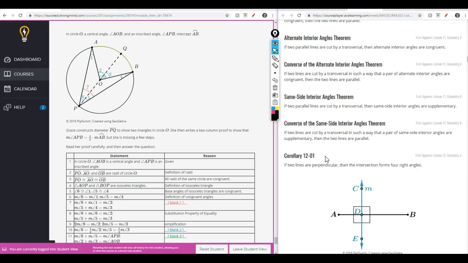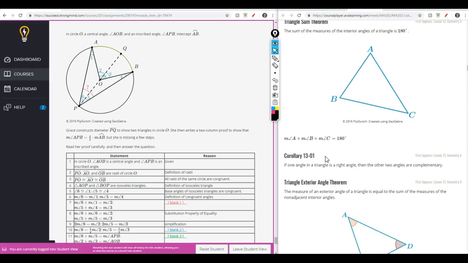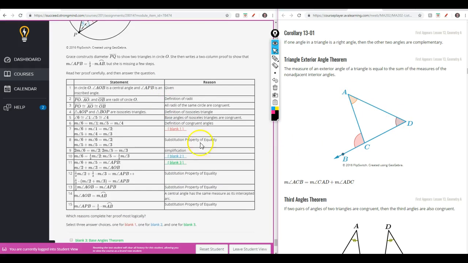Right here, let's see if we can see exterior angles. So right here, triangle exterior angle theorem. Again, we had those 2 opposite angles, and here's the exterior angle. So this is equal to these 2 added together. So that's what that is.